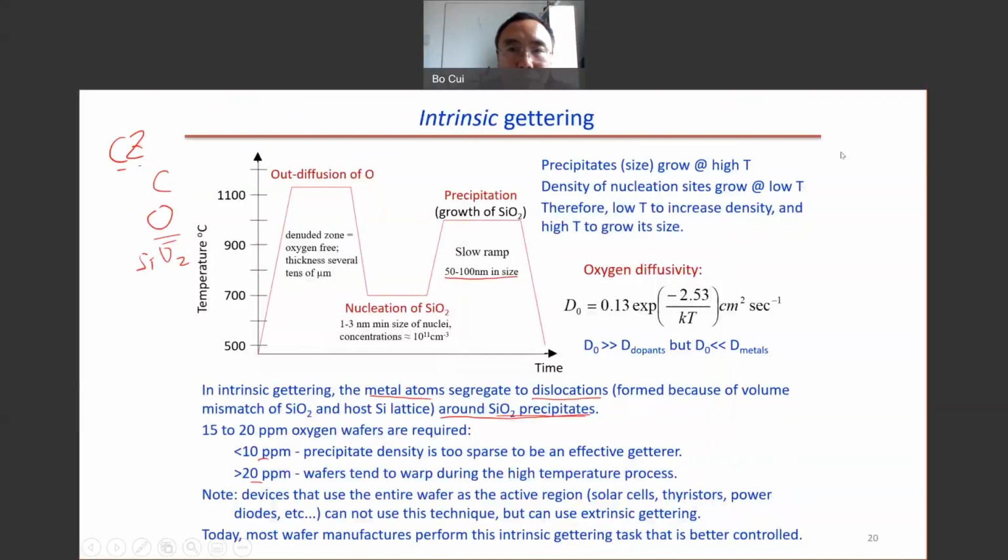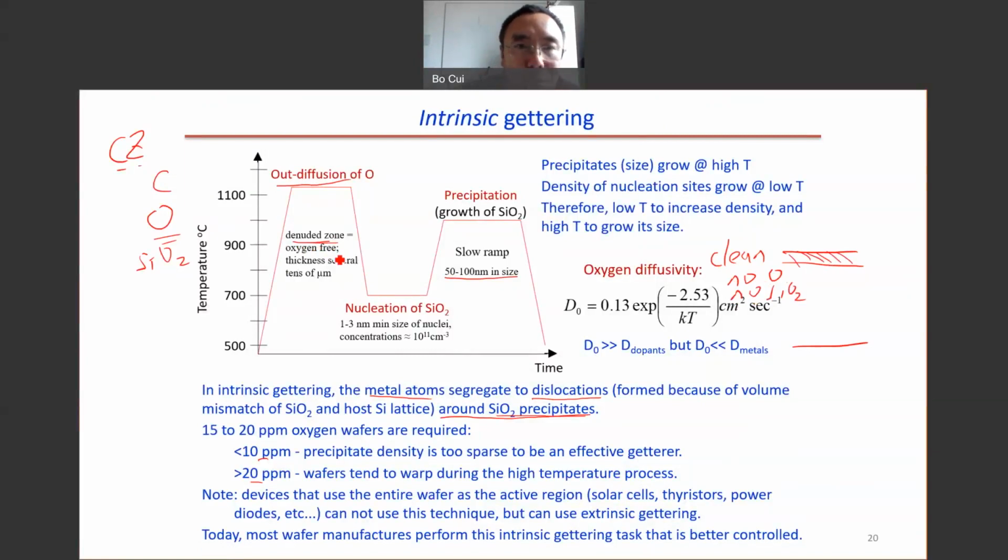So now look at how to make the silicon oxide precipitate. There are three steps. There are three high temperature processes. The first is the out diffusion of oxygen. We know that for the device, this is the silicon, this top layer here we need it to be clean, no oxygen, and no silicon oxide.